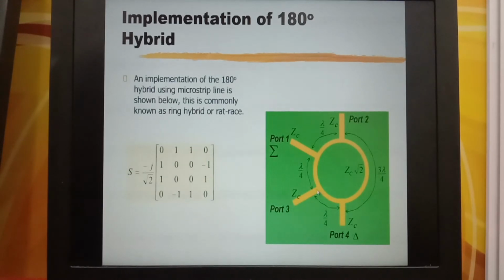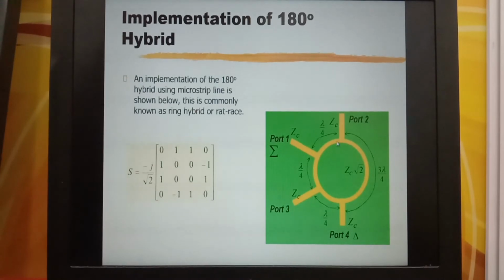That means the signal that is transmitted from port 3 to port 4 compared to the signal that is transmitted from port 2 to port 4 will have a phase difference of 180 degrees, and therefore they will cancel each other at port 4. That means no signal will be transmitted to the output port of port 4.